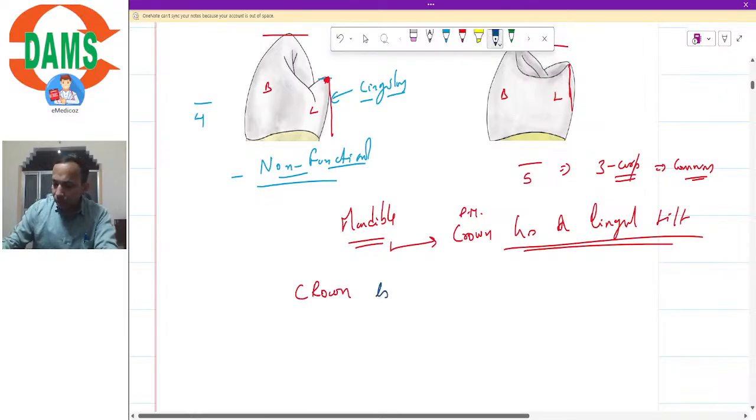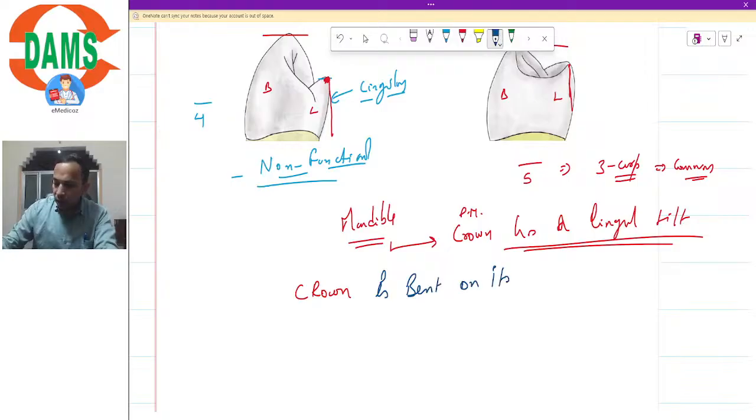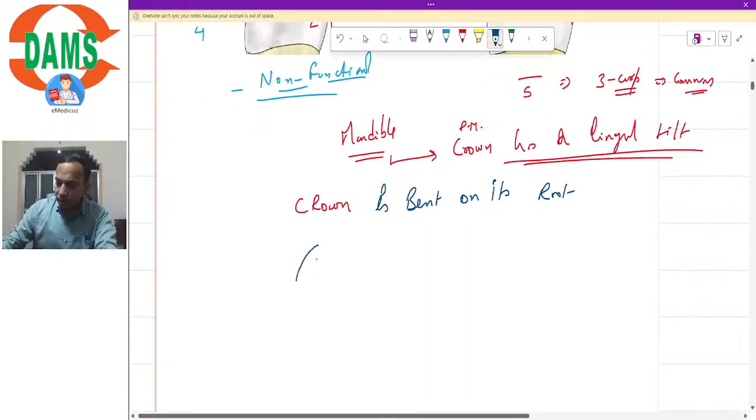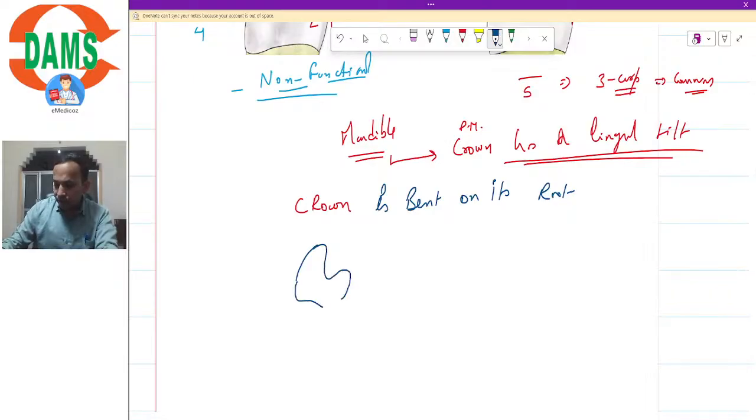The crown is bent on its root. So instead of being straight like the maxillary premolars, the mandibular premolars would appear like this.